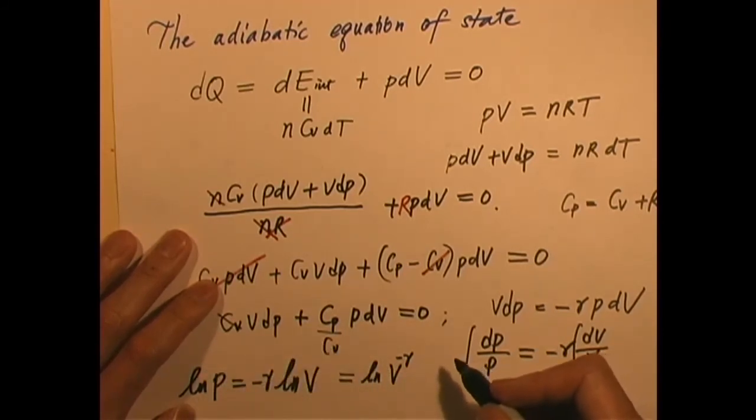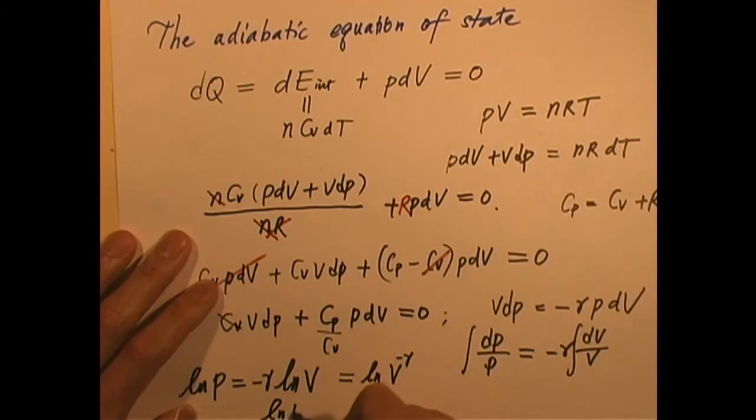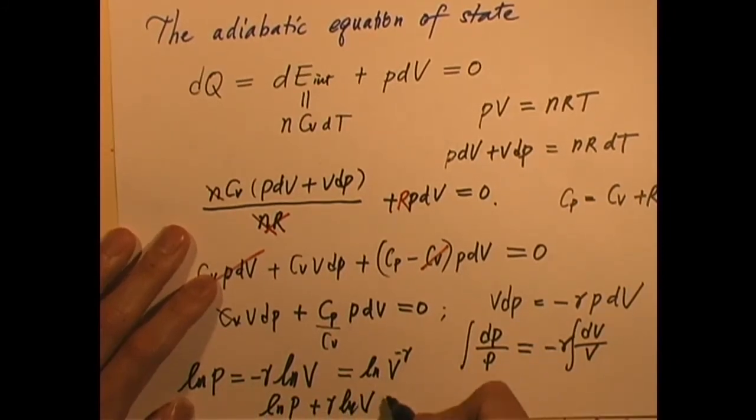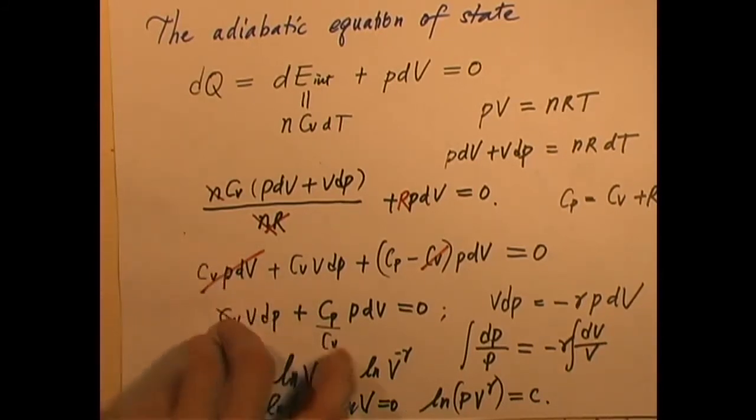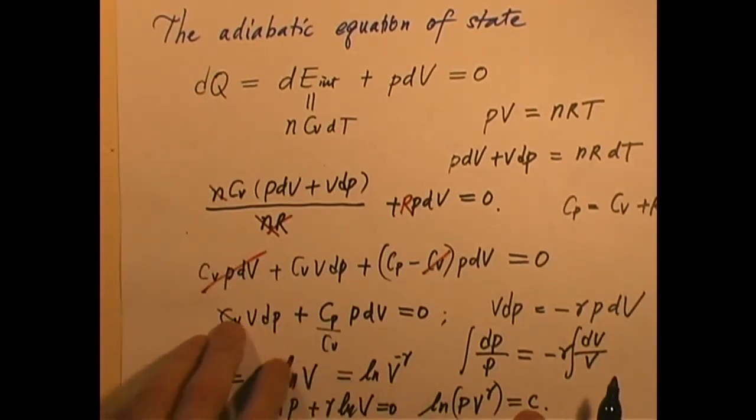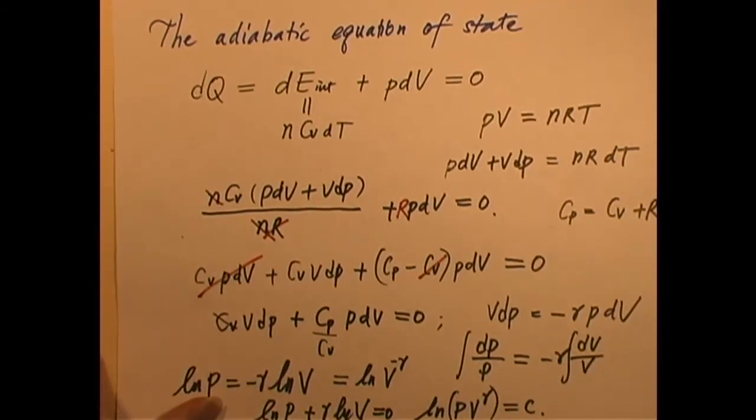It's easier to do it that way. That's log P plus gamma log V equals a constant. Then I'm going to move that gamma in, so V to the power gamma. So log of P plus log of V to the power gamma equals a constant. Now log A plus log B equals log of AB, so that's log of P V to the power gamma equals a constant. Since the natural log of this thing is equal to a constant, this thing itself is also equal to a constant.